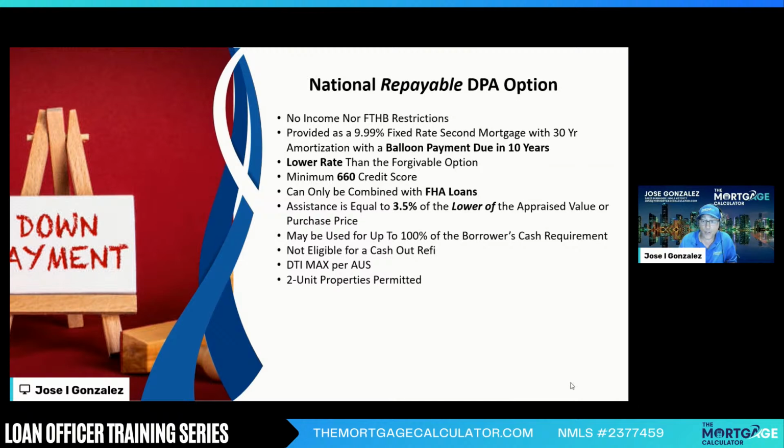At that point, hopefully you've already refinanced the borrower out of that combo loan into just one loan. 10 years is a long time. I'm sure rates are going to be a lot lower in a year or two, where then you could reach out to that borrower or they could reach out to you and you could refinance them out of the first and the second into a new, lower, no mortgage insurance, conventional first mortgage at an 80% loan to value, and you're going to really lower their monthly payment all the way around.